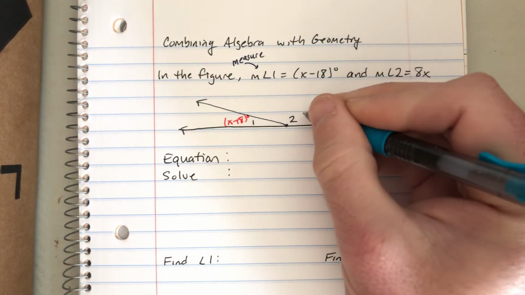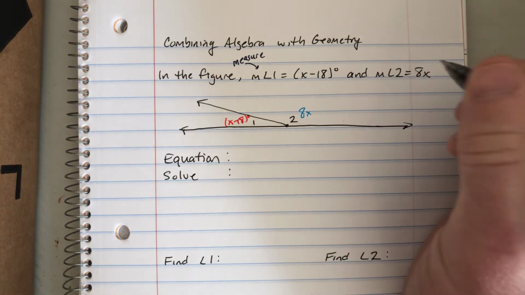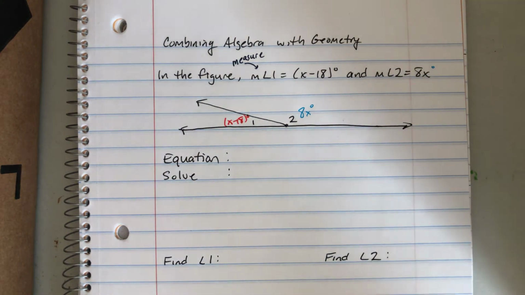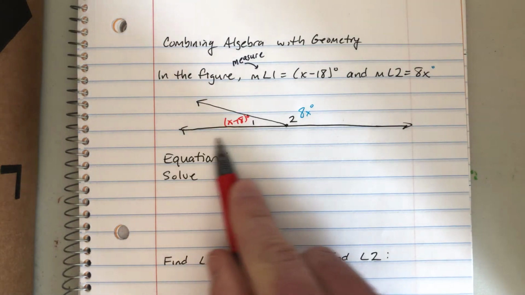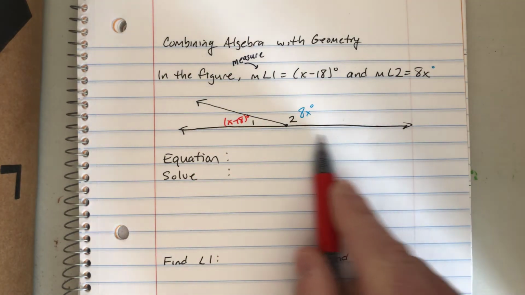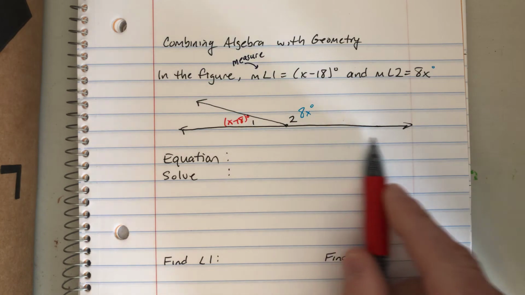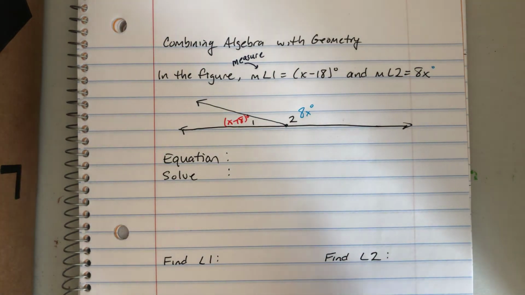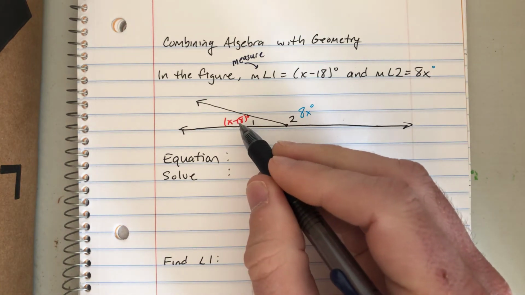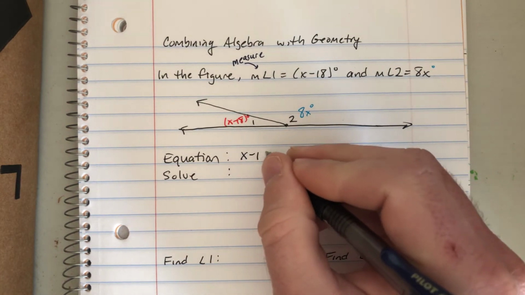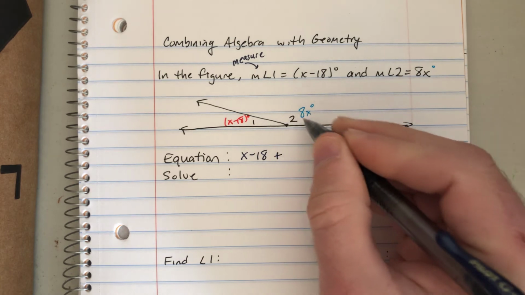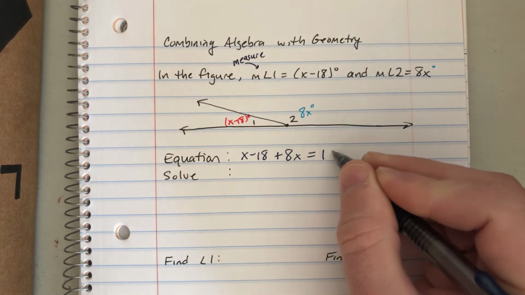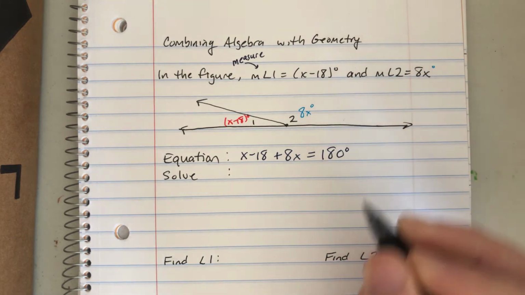And measurement of angle 2 is 8x degrees. Okay? We have a straight line here, and we know straight lines equal 180 degrees. And so using the angle addition, we can take this little angle here, x minus 18, we can add it to this angle 2, which is 8x, and it will equal 180 degrees.